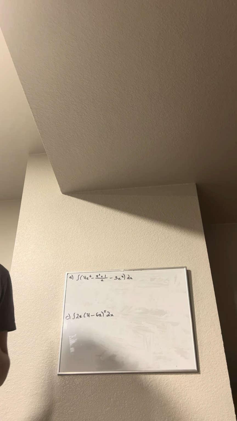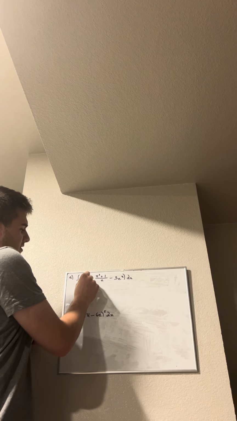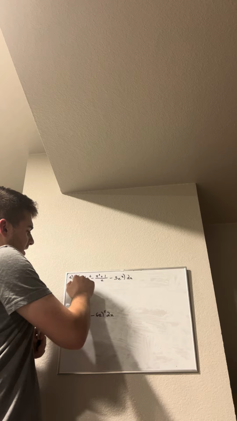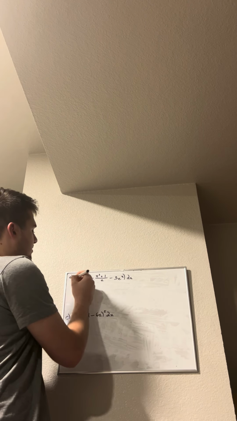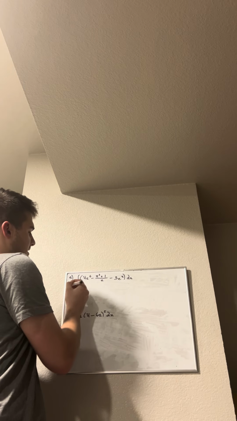The antiderivative is simply undoing the derivative of each respective term. So what we want to do is start term by term and apply the integral accordingly. For the first term, we have 4x to the power of 6.